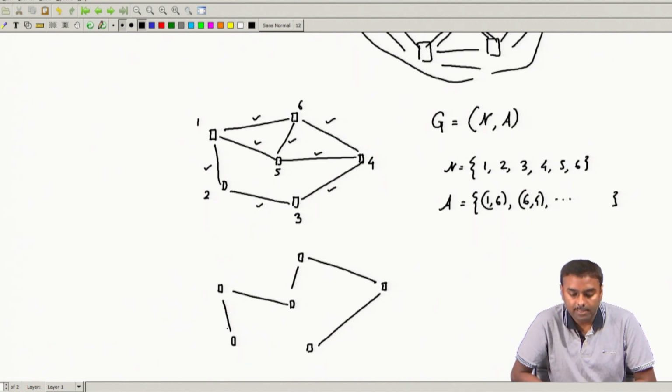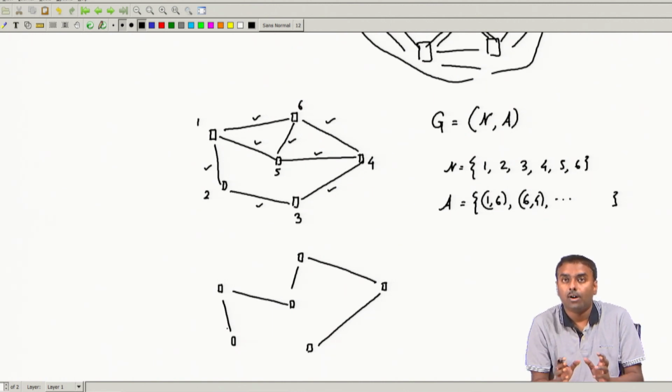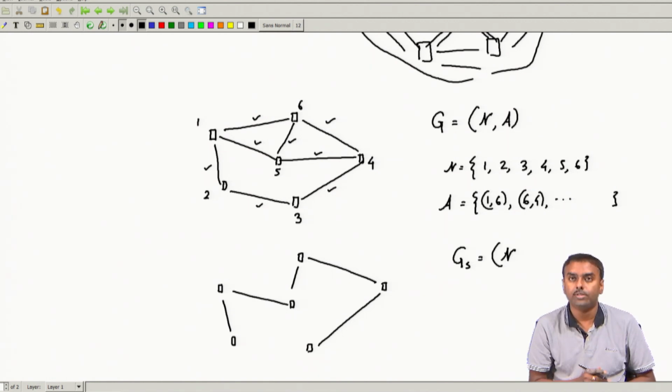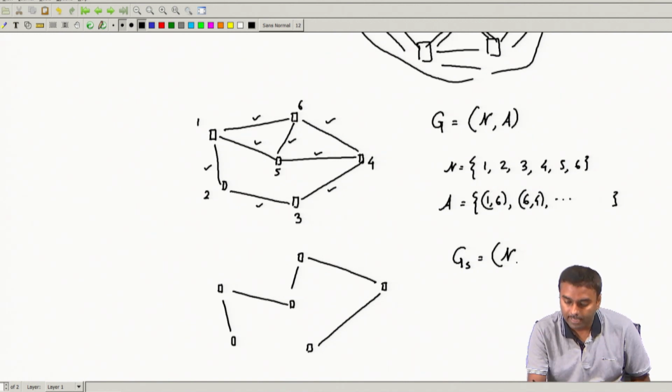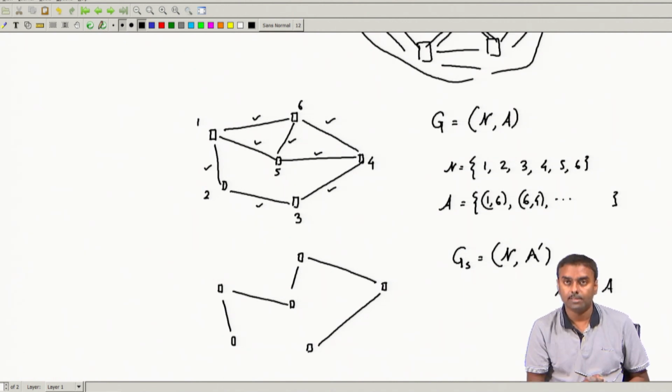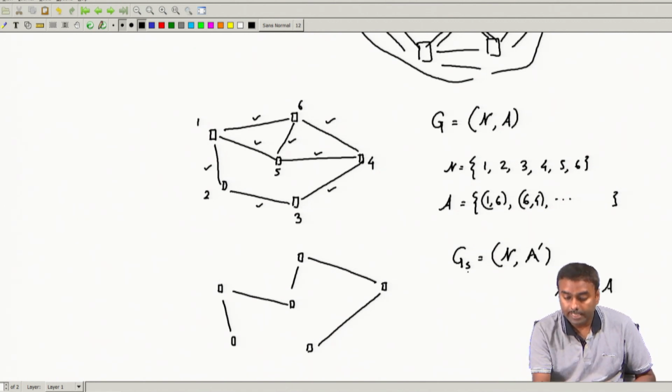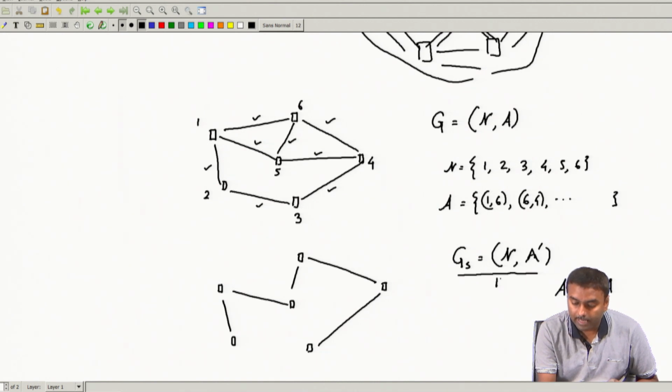So, why is it a spanning tree? Because, as you can see, I have taken a subset of this graph where the entire node set N should be there and some A dash, where A dash is a subset of A. That means I have chosen a subset of the links such that in this new graph there are no loops.